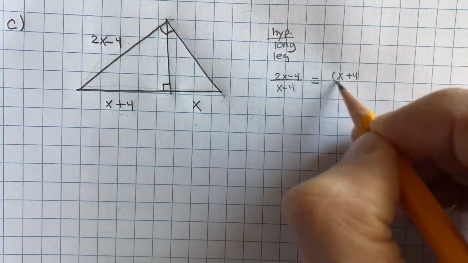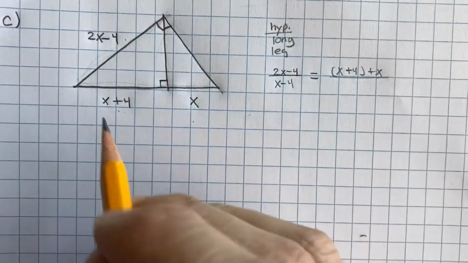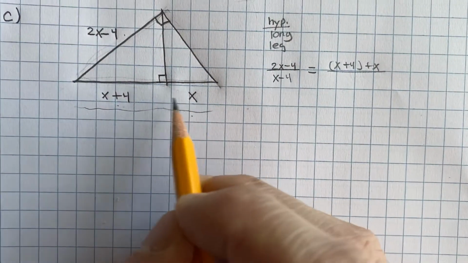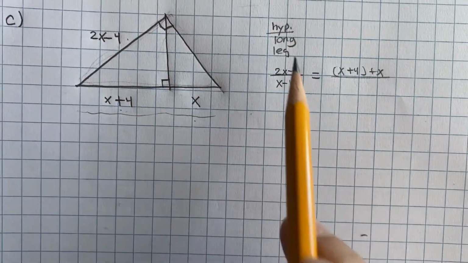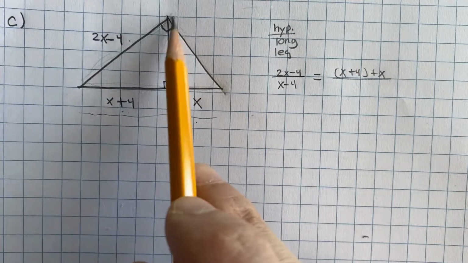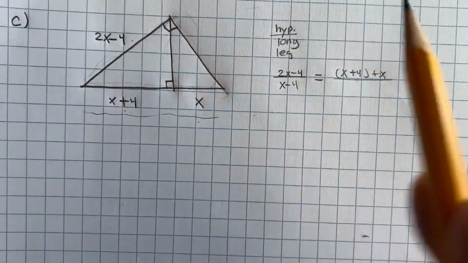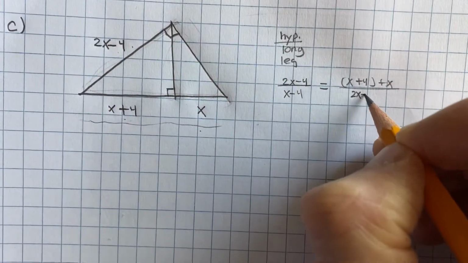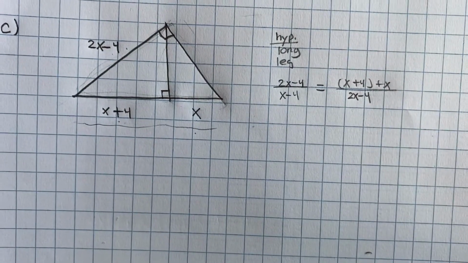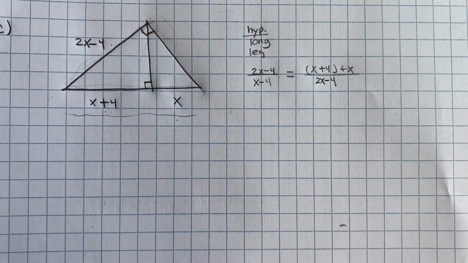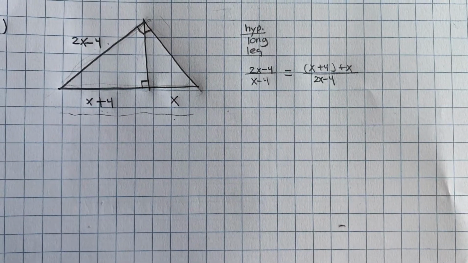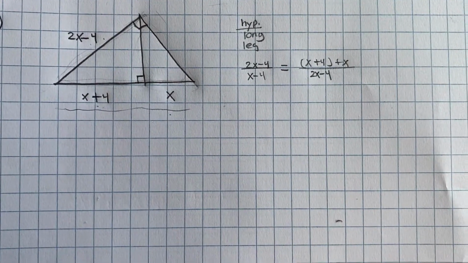So the length of this hypotenuse is x plus 4. And then, of course, the longer leg of the big right triangle is just going to be 2x minus 4. Hopefully you can see that relationship. That's really the concept of setting proportions within similar triangles.